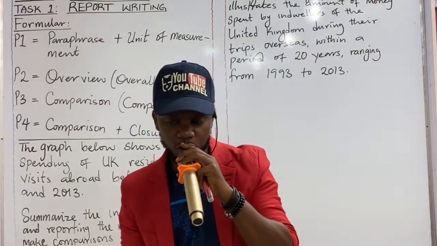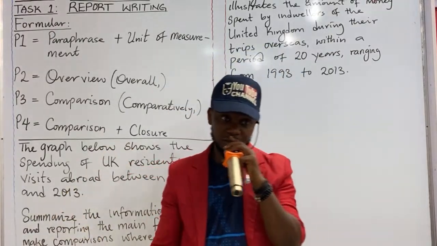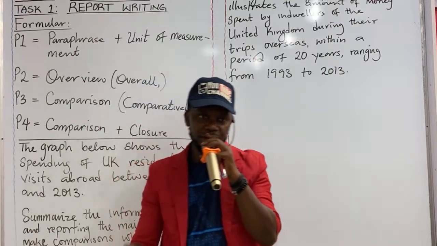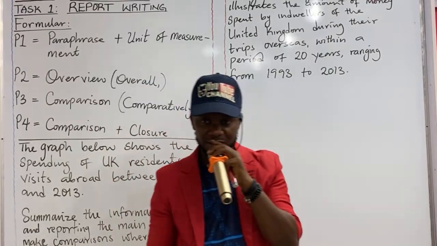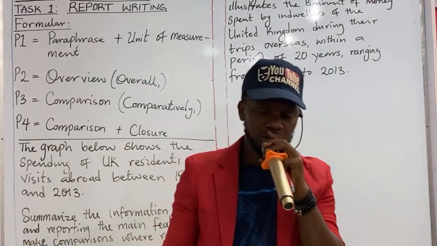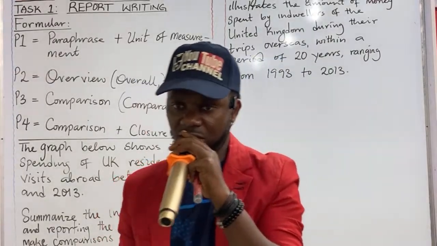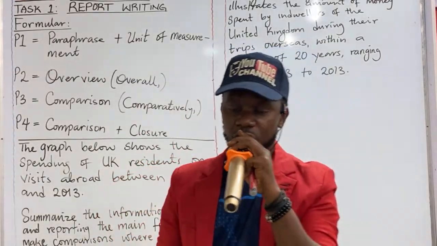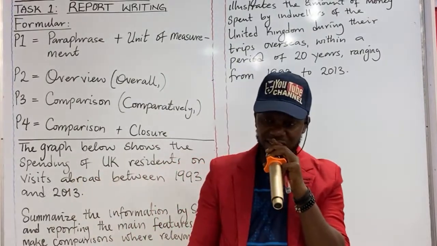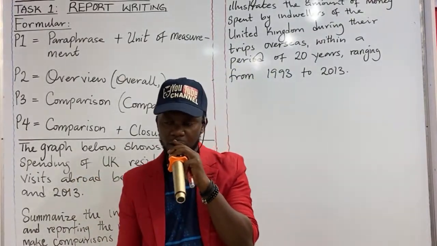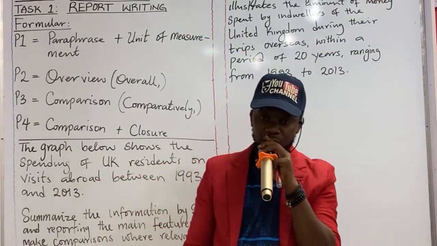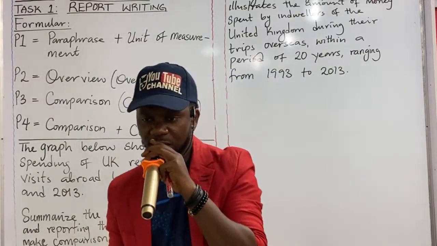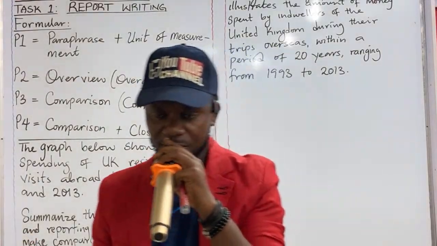So these units could be percentage. The unit can be numbers, that's hundreds, thousands, millions, billions, trillions. The unit can be currencies, dollars, pounds, euro. The unit of measurement can be centimeters.